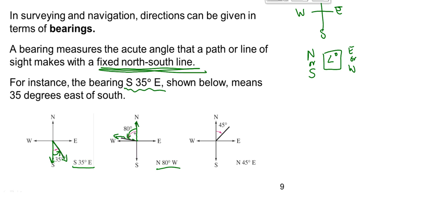And then this one is the one you can make a mistake on and still be right. If we're going north, and then from there we go to the east 45 degrees, we're traveling along that arrow right there.